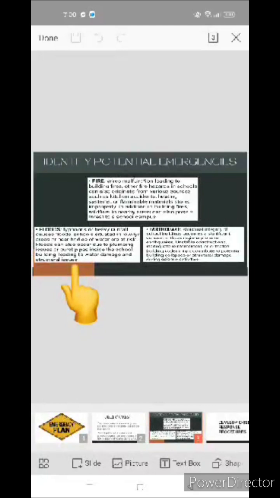Second is floods. Typhoons or heavy rainfall causes floods. Schools situated in low-lying areas or near bodies of water are at risk. So we all know that BIST is located in a low-lying area and it is surrounded by bodies of water.